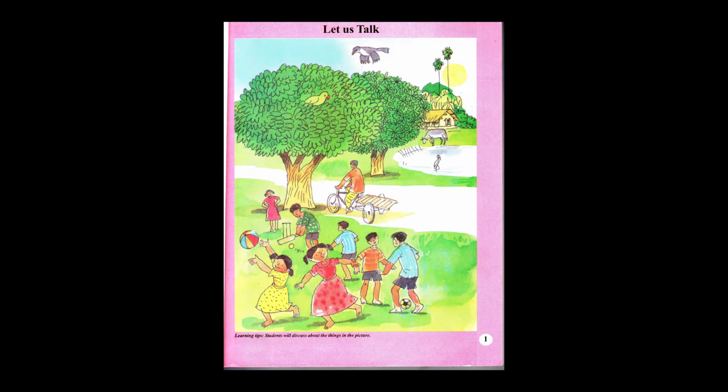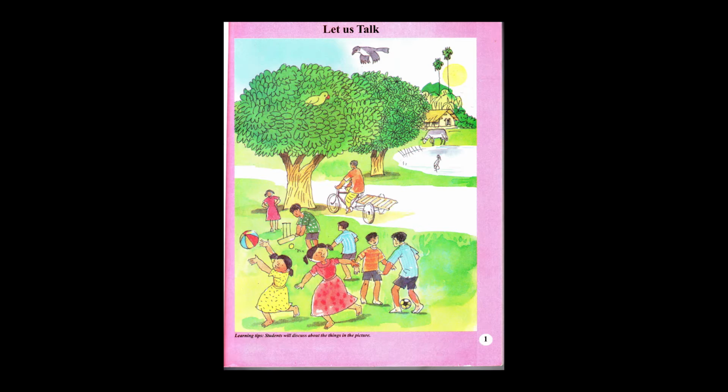You can see the sky, you can see the sun, you can see the trees, houses, roads, children playing, you can see the field. So the first page brings with it a lot of learning components.